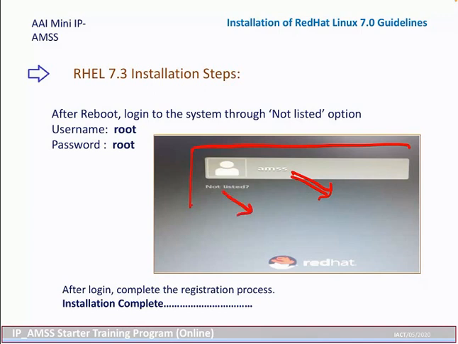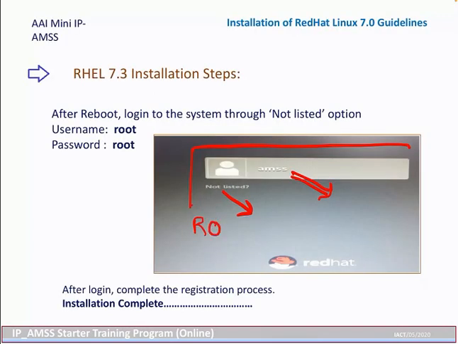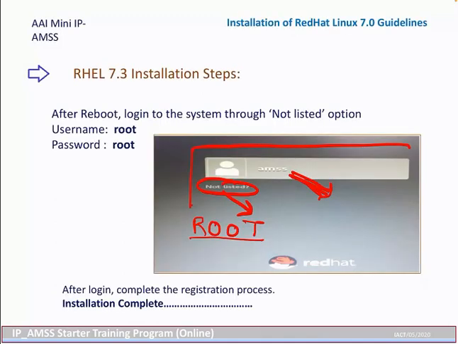You have to select not listed, and under this you will get the option of entering the username and password. Select root there, write root, and then you can proceed. Make sure that you are not selecting the AMSS user, but the not listed option. With this, the first part, the installation of the Linux operating system, is done.